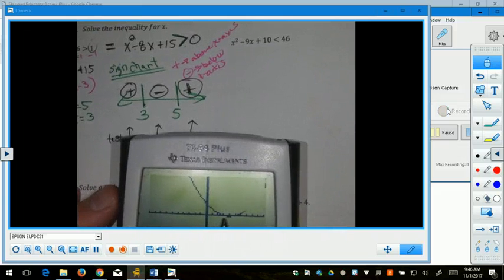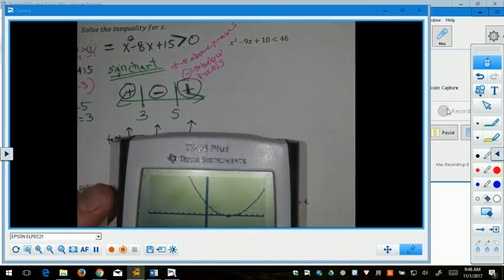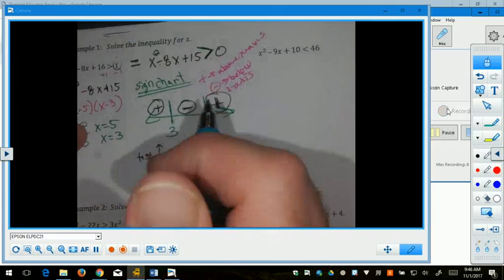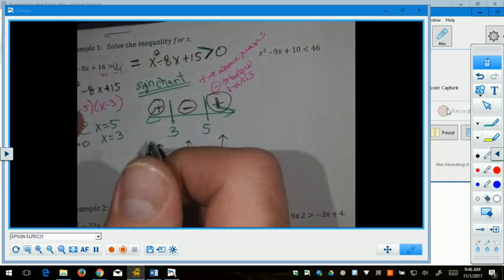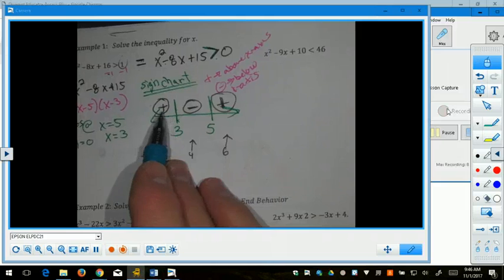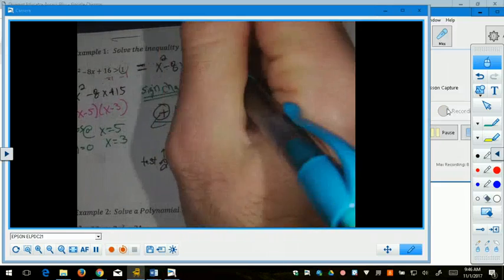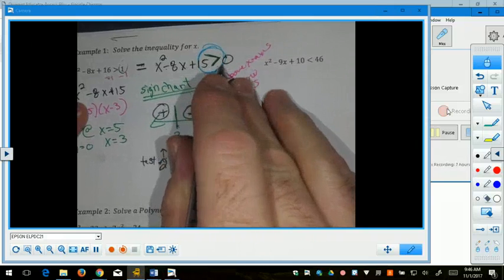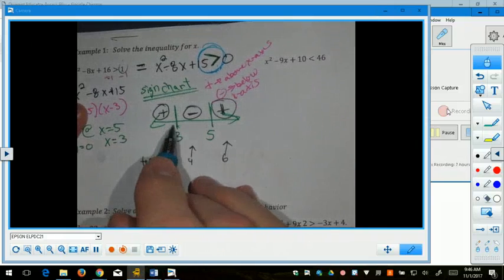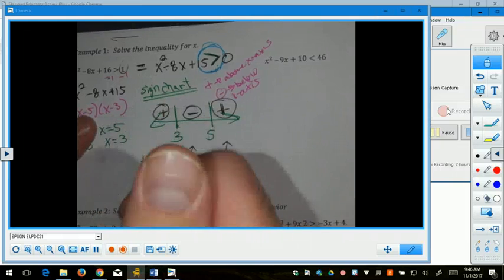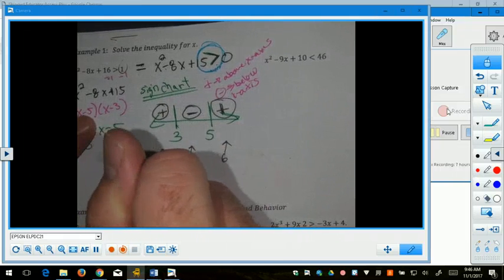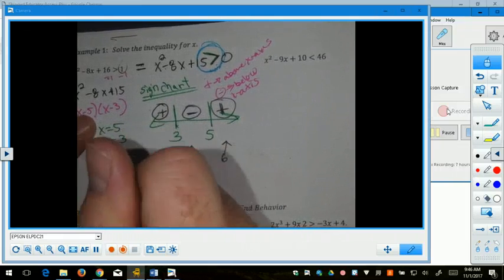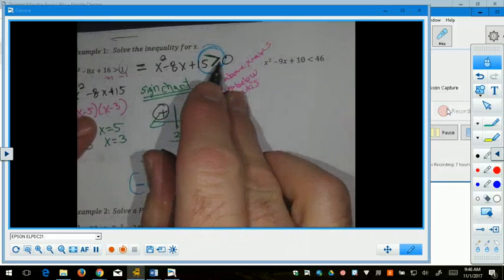To the left of 3 and to the right of 5, the graph is going above the x-axis. And between the two, it's just dipping a little bit below. And so my answer is the intervals of the domain for which it does this. I want the intervals where it's above the x-axis. So that's going to be to the left of 3: negative infinity up to but not including 3, because it didn't have an equal sign.